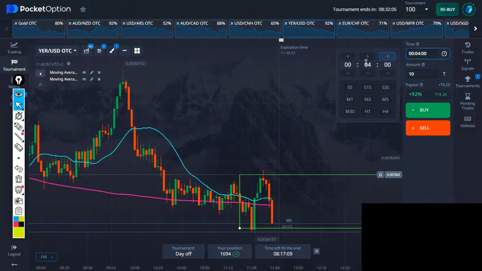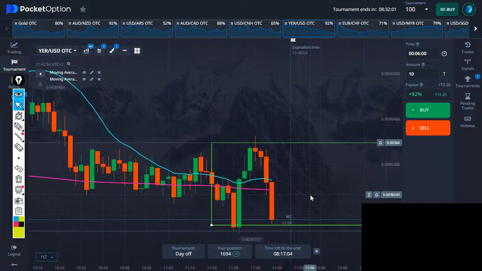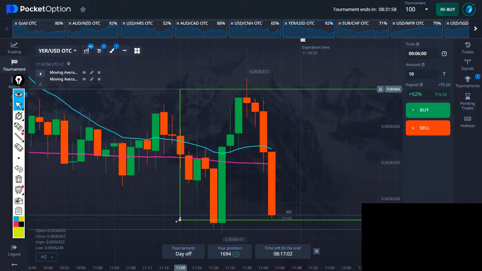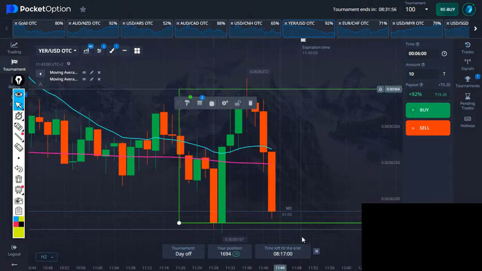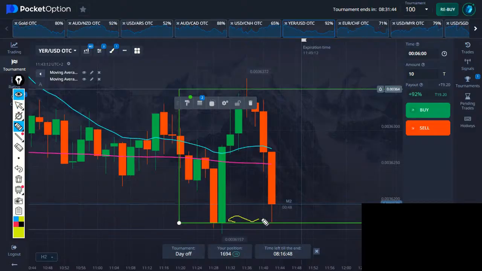It takes 6 minutes for this beautiful power surge. See, it rejected from this area.